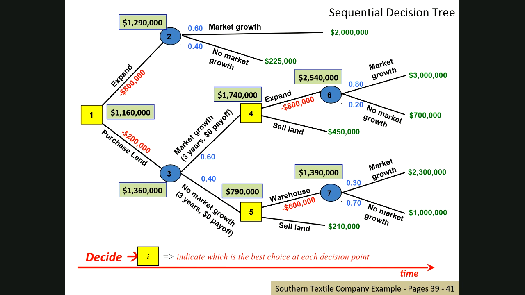We just need to determine what we are going to do. This decision tree shows all the expected values at every point, and we're going to begin at the first decision and walk through this decision tree. At this location, we're going to purchase the land, and the overall decision is worth 1.16 million, but we're going to purchase the land for 200,000, and then we're going to wait to see what happens with the market.